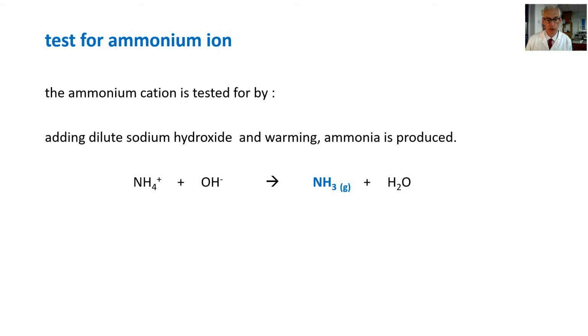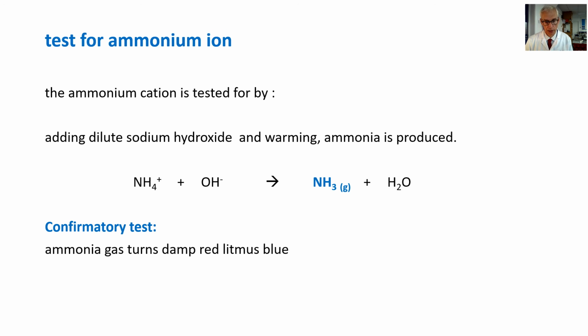There is a confirmatory test that is expected. Think it through, speak it out or write it down if you know what it is. But it is that ammonia gas turns damp red litmus paper blue.